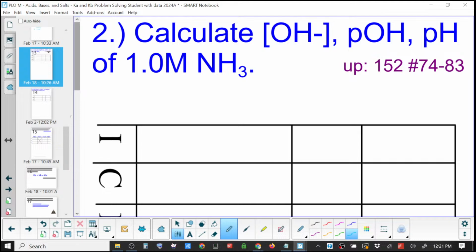Hey, give me that, that's mine. You don't have to steal them, I give them away for free. Oh, you already drew it out. Okay, so 5.6 negative 10. Okay, we got it.